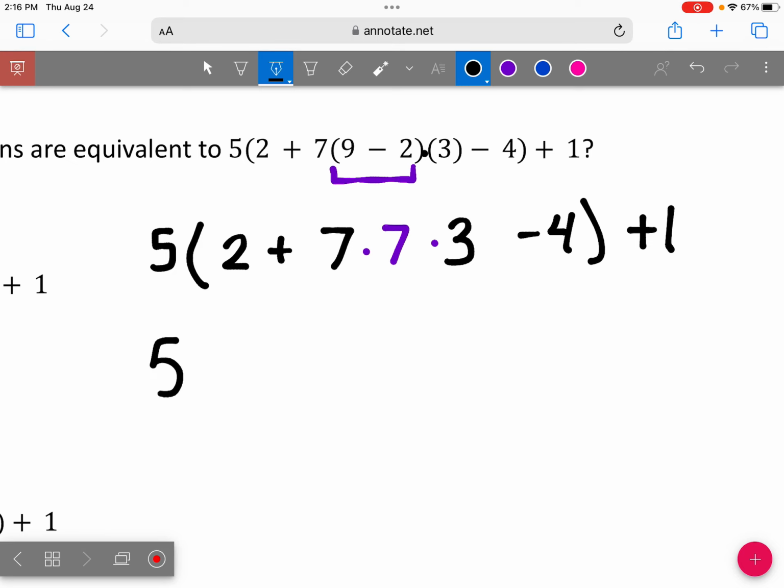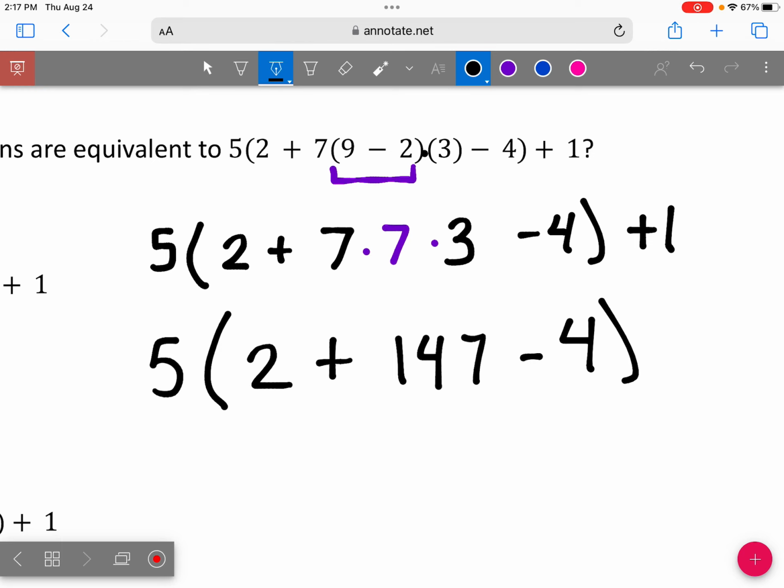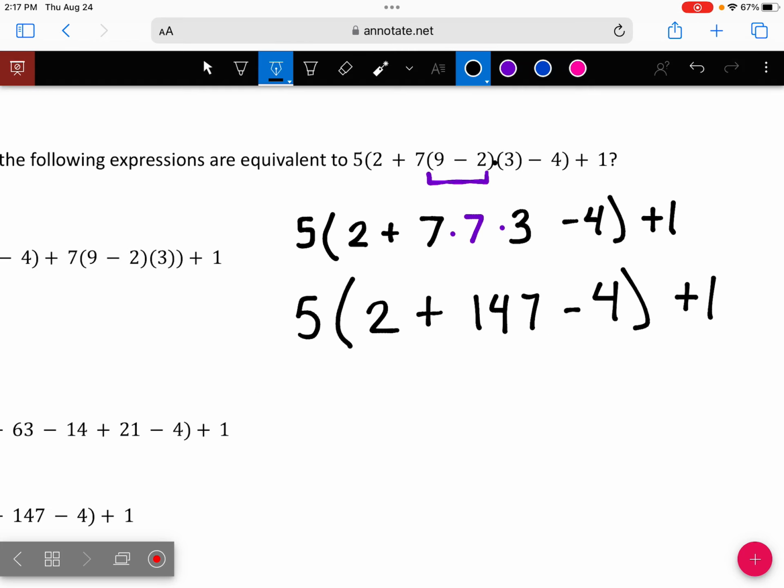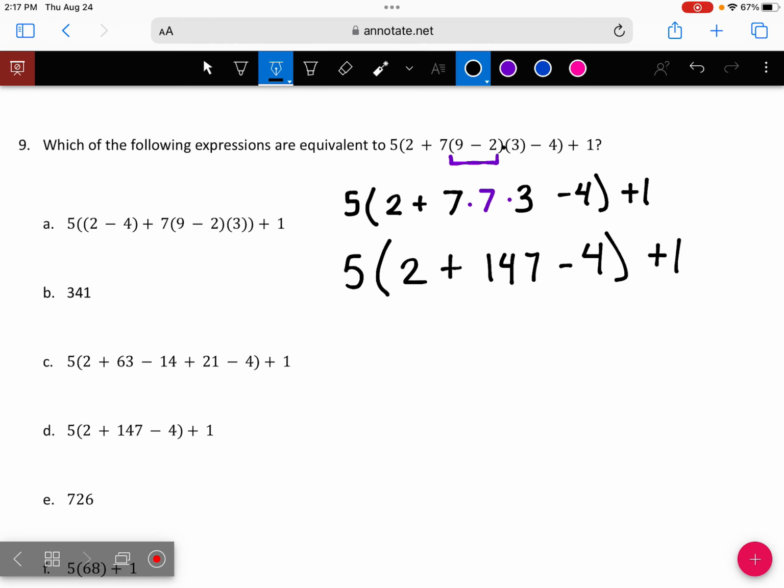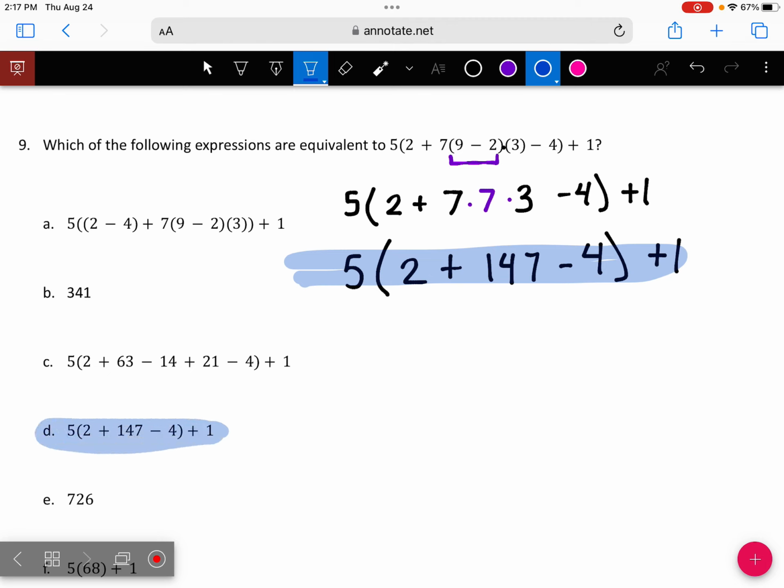So we're getting 5 times (2 plus 147 minus 4) plus 1. And oh, look, this step is this answer. So that piece is equivalent, and I don't even have to simplify the lefty version.